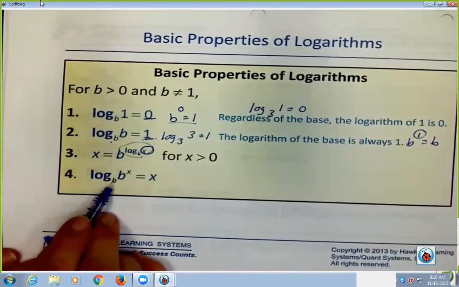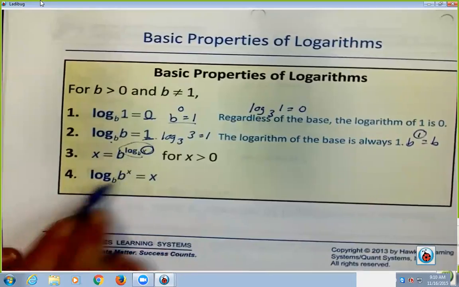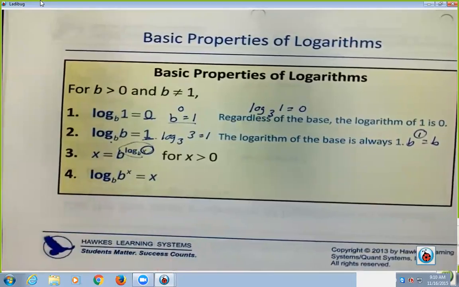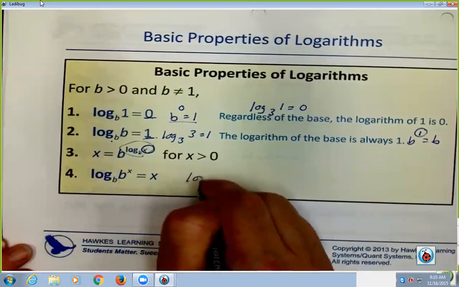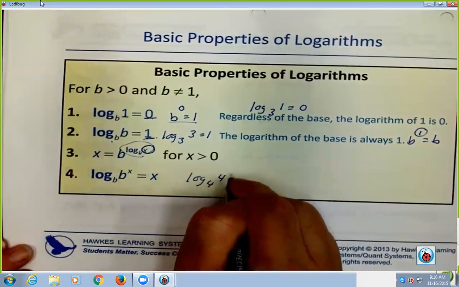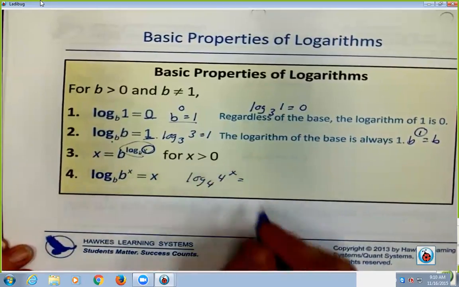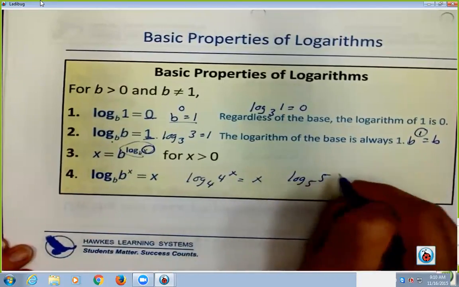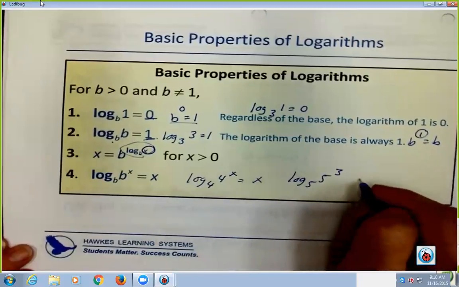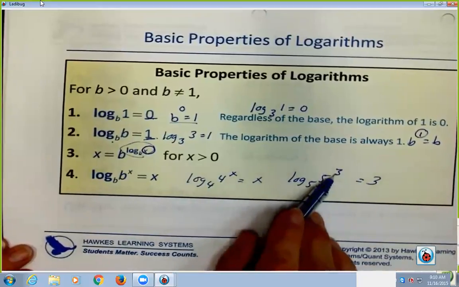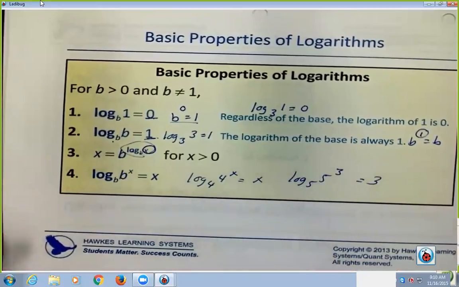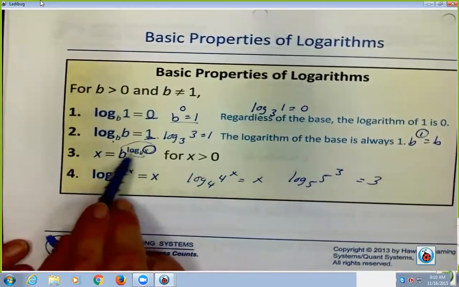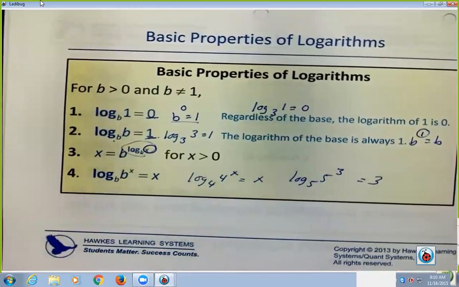And finally, in this last one, log_b b^x, it's going to end up equaling x if you see a match in there. So if you have log_4 4^x, it's going to equal x. If you had log_5 5^3, my answer is going to be 3, because these again match in there. Same as it does here, these match, so it's going to be x with that one.